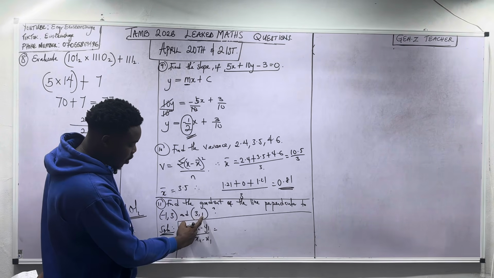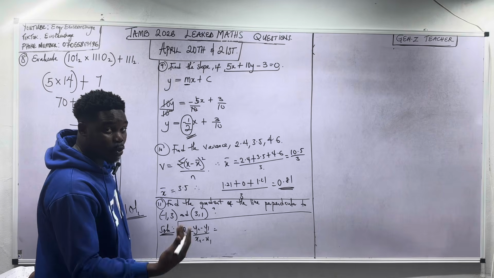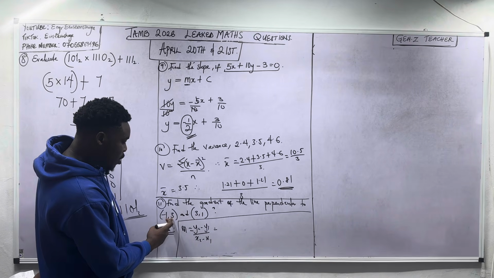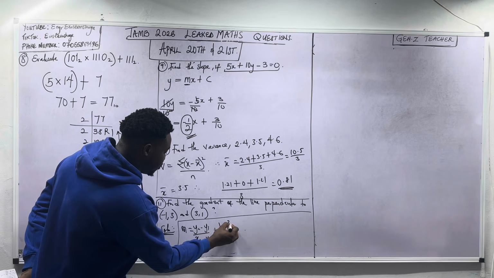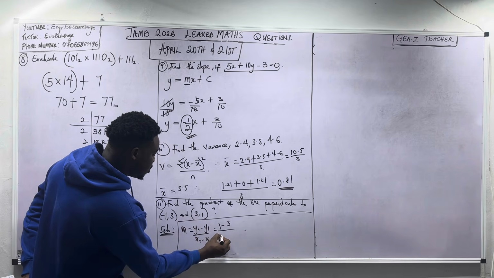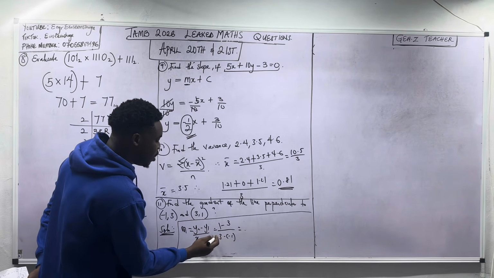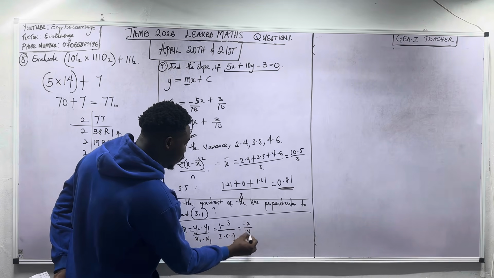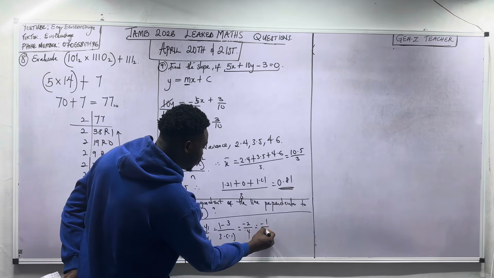This is the y value. The second value in the bracket is the y value, first is the x. So y2 is 1 and y1 is 3. So you're having 1 minus 3 divided by 3 minus 1. 1 minus 3 gives you minus 2, this gives you 4. This gives you minus 1 over 2.